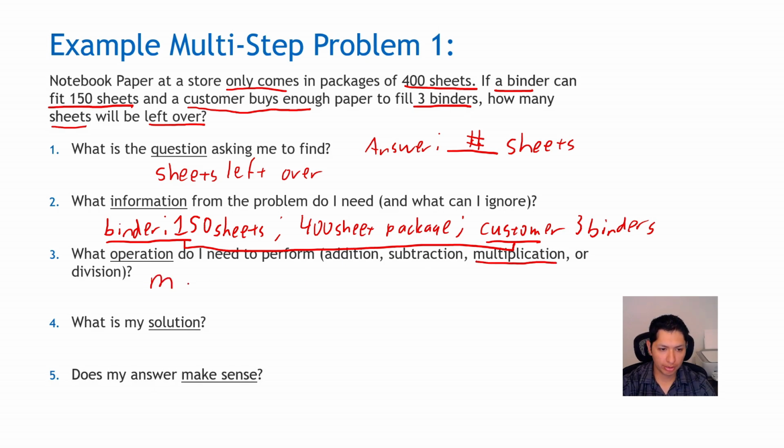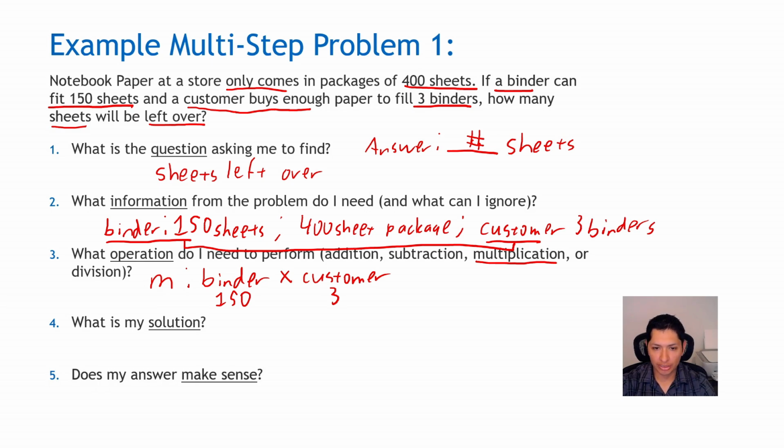I am going to multiply, M for multiply, binder info times customer info. So the binder info is 150 sheets and the customer info is that they bought 3 binders. Okay? But even if I do that, the only information that tells me is how many sheets fit into 3 binders. I still need to know how many sheets I have to start with, or how many sheets I get when I buy enough paper to fill 3 binders.